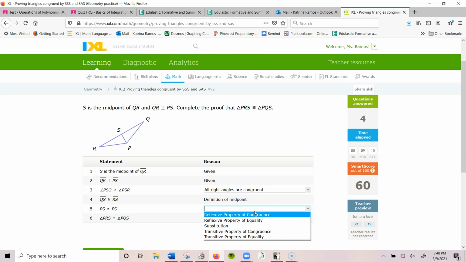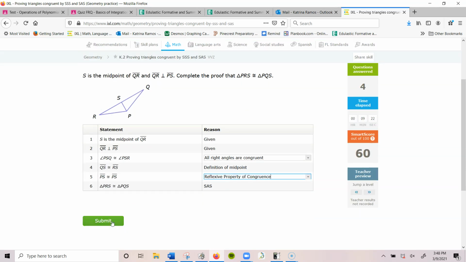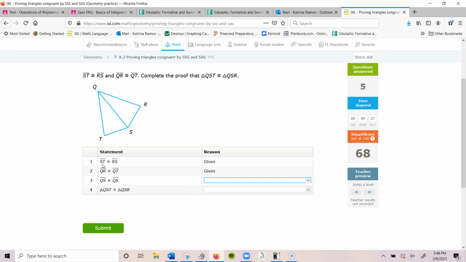Now, there's congruence and equality, and that depends on the symbol that they use. They have the congruent symbol and not the equal sign. So that would mean that this is the reflexive property of congruence. Now here we have ST is congruent to RS, QR is congruent to QT because this is given.